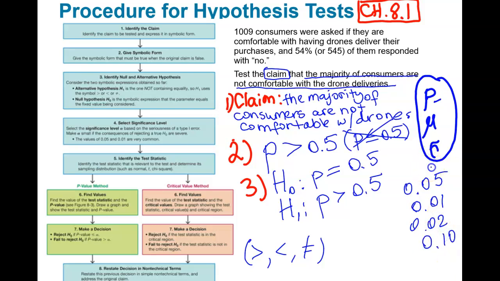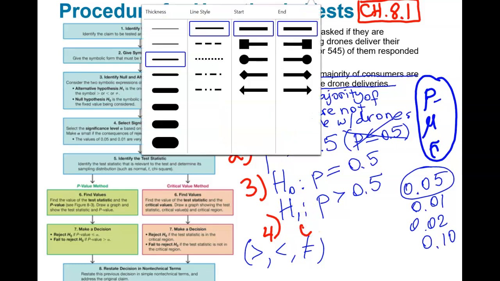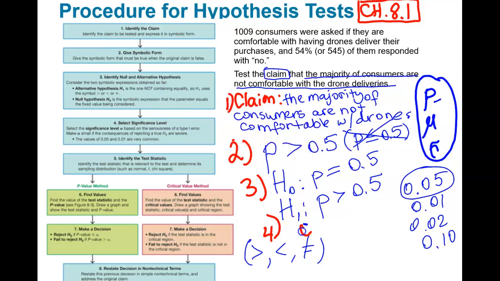The most useful is 0.05 or 5%. So that's what we're going to use. We're going to pick the significance level of 0.05. Alpha equals 0.05.